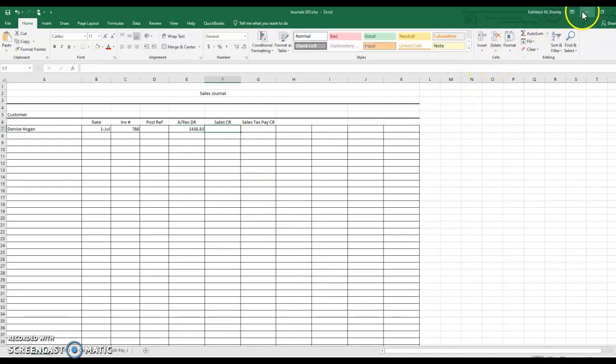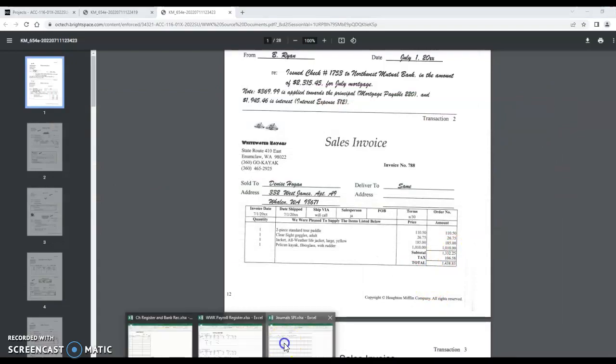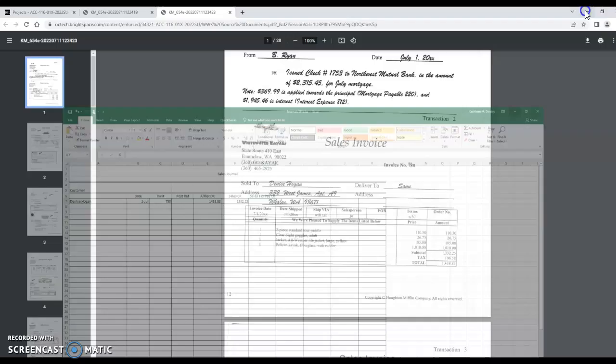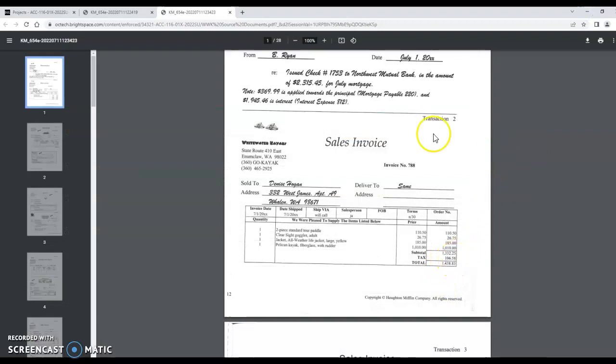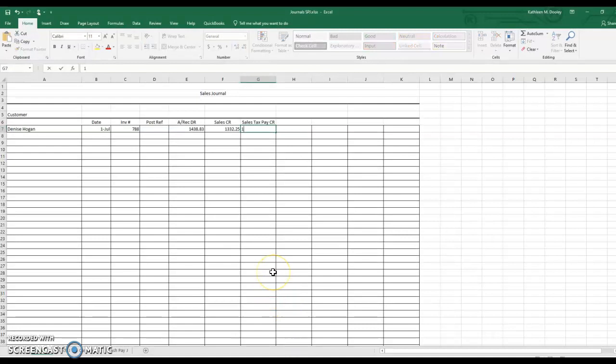Sales is just the sale part, which was the $1332.25. Sales tax payable is $106.58. Okay, so now we have it journalized.